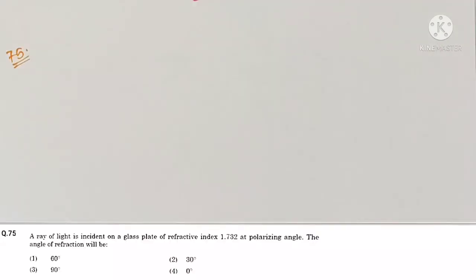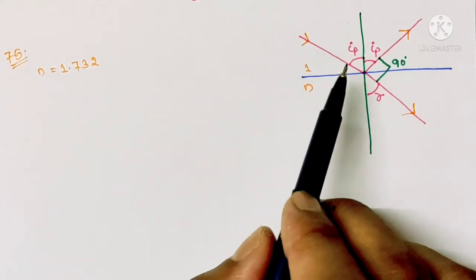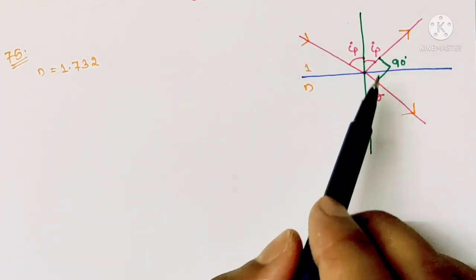Question number 75. A ray of light is incident on a glass plate of refractive index 1.732 at the polarizing angle. The angle of refraction will be? From Brewster's law, we know when light is incident at the polarizing angle, the reflected light will be plane polarized.